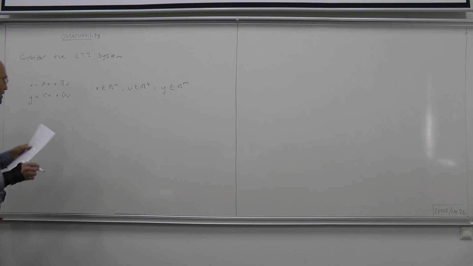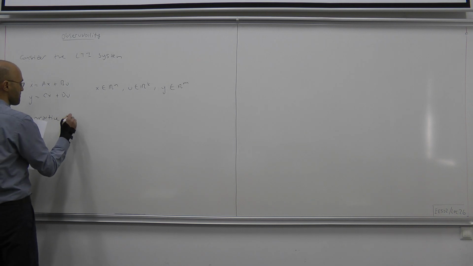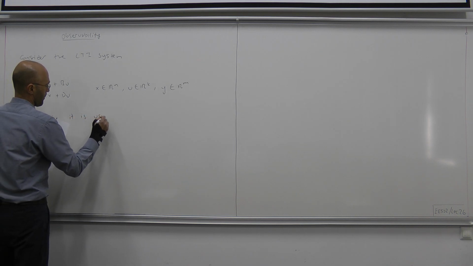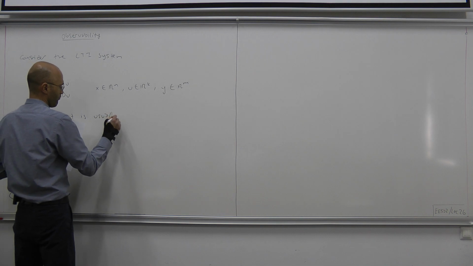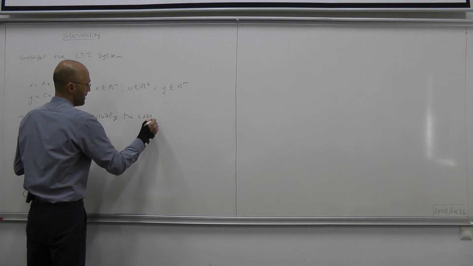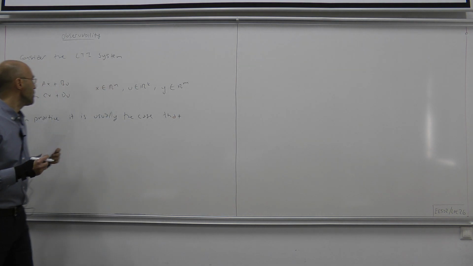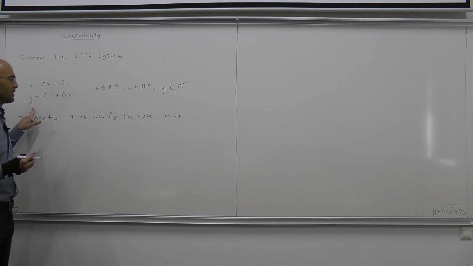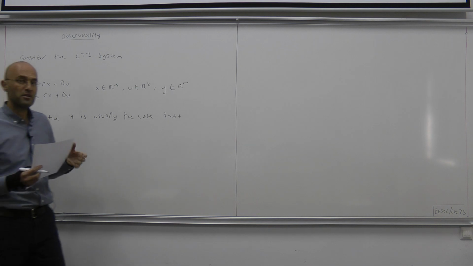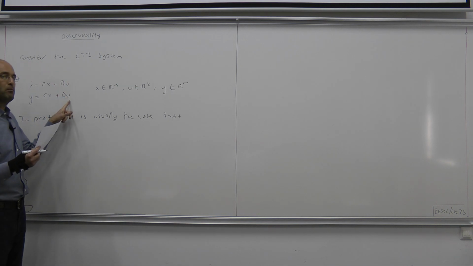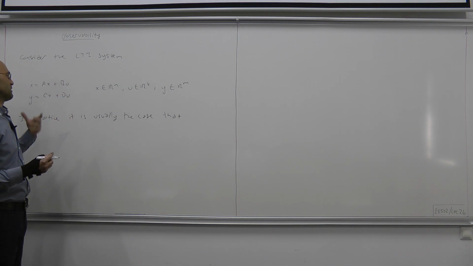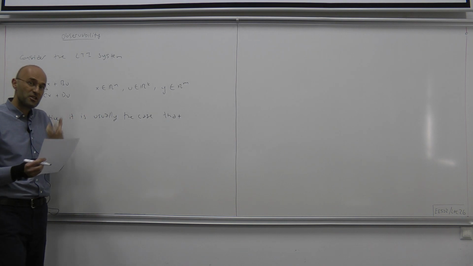Now, in practice, in real life, we know the output, through measurements, and we also know the input, at least for the cases where the input represents the control input.